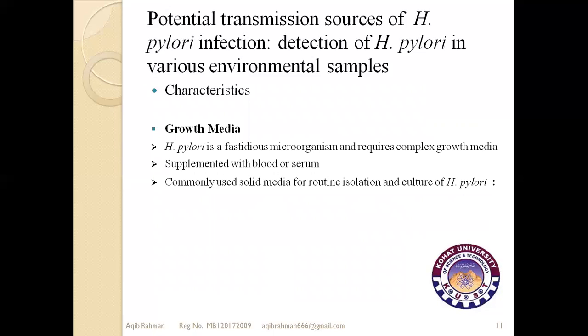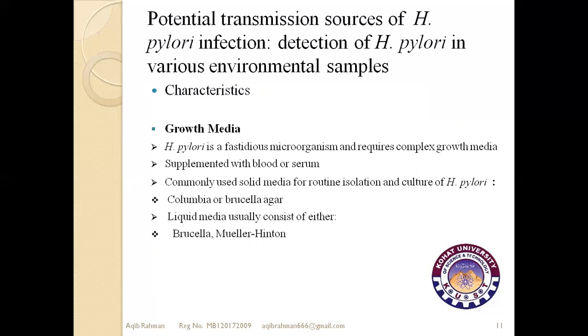Commonly solid media are used for routine isolation and culture of H. pylori. Columbia or Brucella agar is used for the culturing of H. pylori, which is solid state media. Liquid media usually consists of either Brucella or Mueller-Hinton.